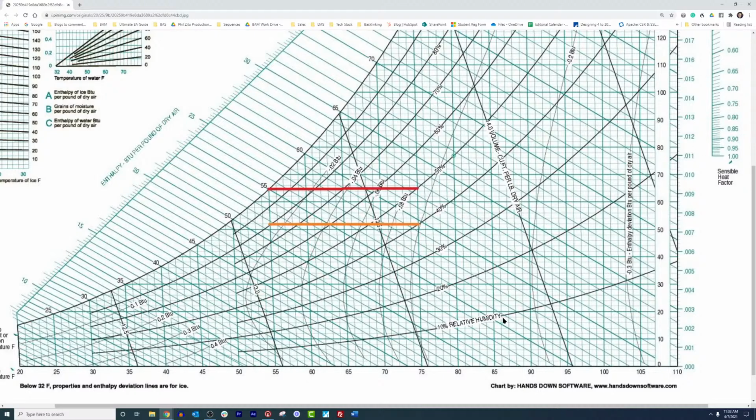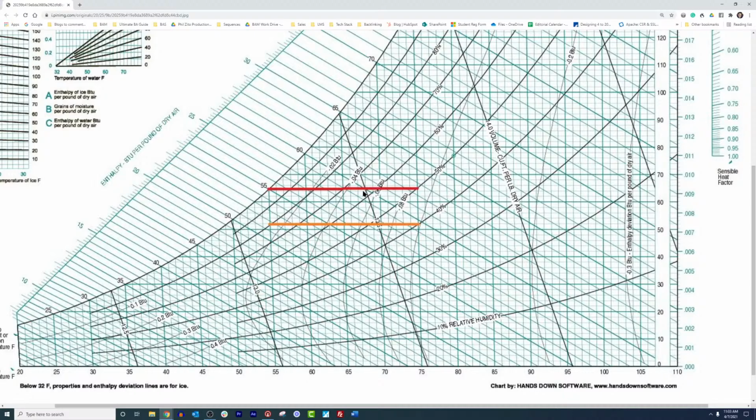That's why a relative humidity of, let's say, 20% at 105 degrees dry bulb, if we go over to 75 degrees, maintaining that same amount of moisture, is actually a relative humidity of 40%, because it's relative to the capacity of the air to hold moisture.